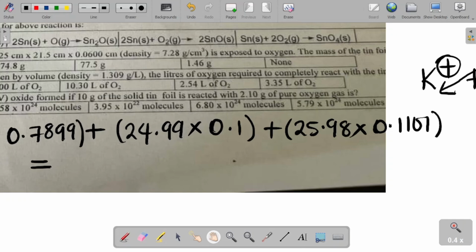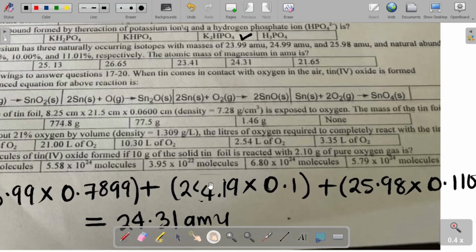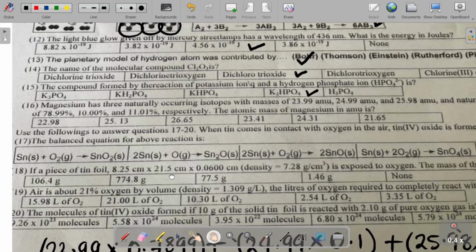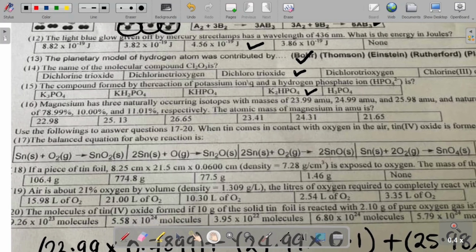Let me encase this in brackets. All right, my answer is approximately 24.31 AMU. So which option is that? 24.31. All right, I can see the answer there. This one here. That's the correct option.